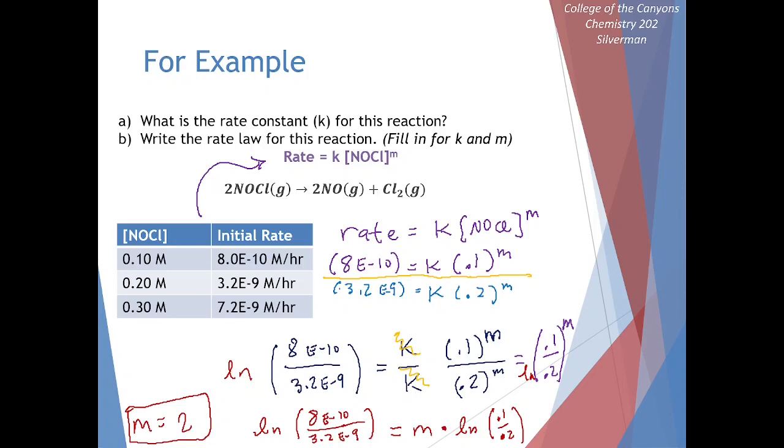Let's summarize here. When we're doing our initial rates method, we want to write out our rate law. In this case, our rate law is the rate constant times our only reactant raised to some exponent. We're going to perform some experiments where we know the concentrations and we can measure the initial rates. For each of our trials, we can write out that rate law expression with the numbers filled in.